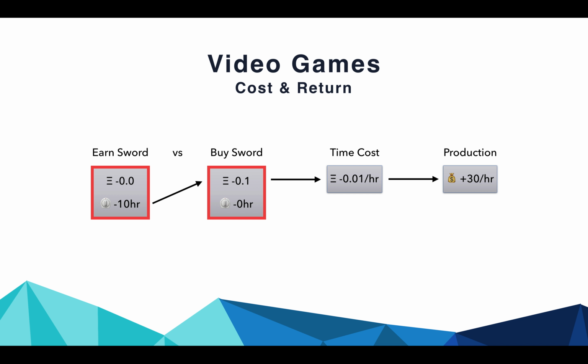And so we can kind of break it down in these terms, where they're making a decision between earning the sword versus outright buying the sword. And when they buy the sword, we can estimate that they value their time at least 0.01 ETH per hour. And they value that time in the hopes of returning a productive rate of 30 more loot per hour than they were previously earning.